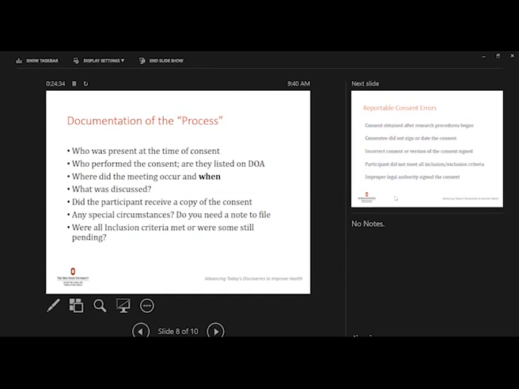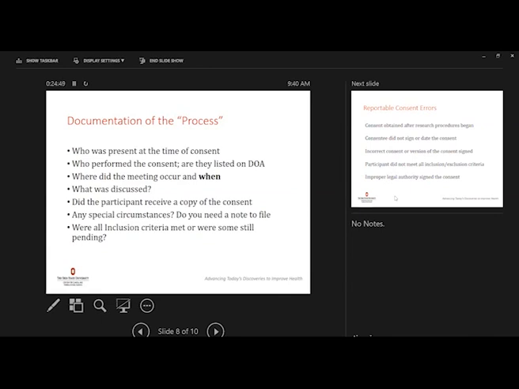And then also whether or not all the inclusion criteria were met, or were they pending. A lot of times when they're at their consent visit, you will get initial labs. Obviously, you don't have those results just yet.